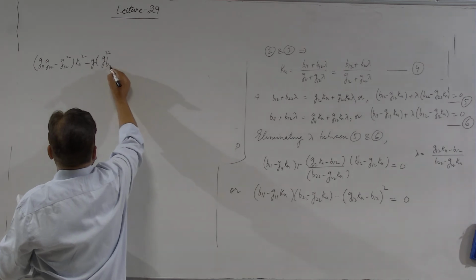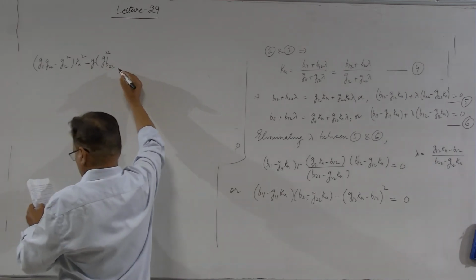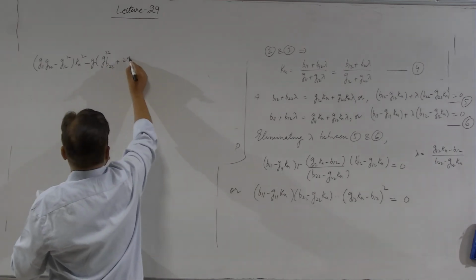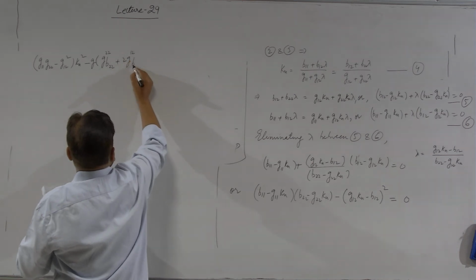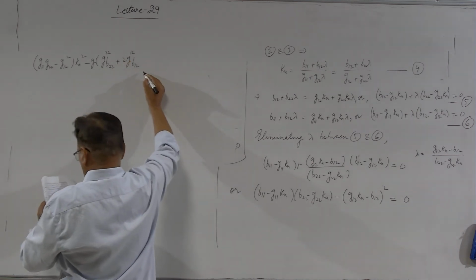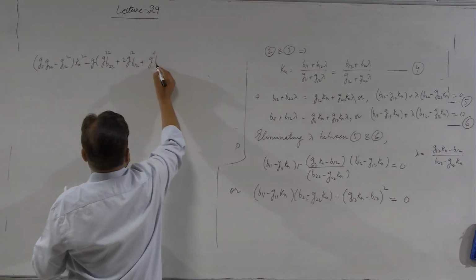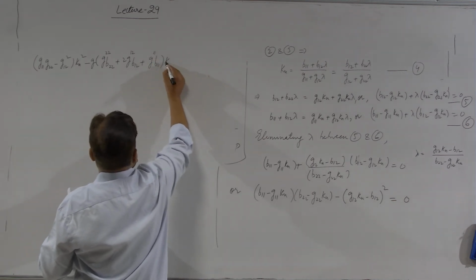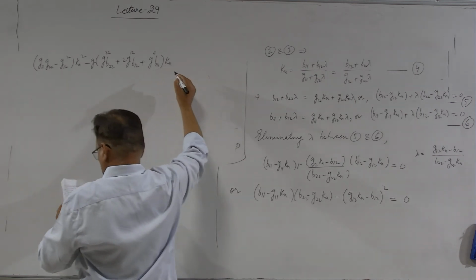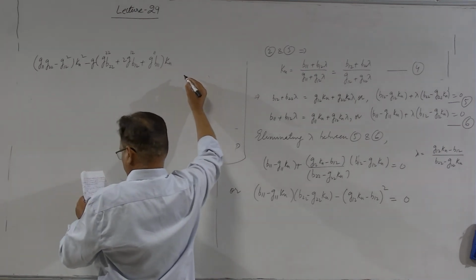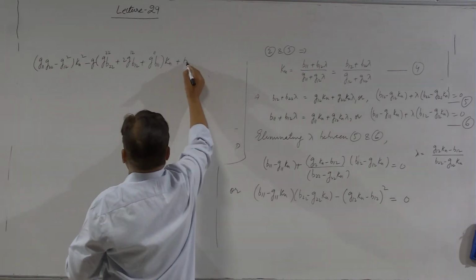I have written directly in fact. That can be done: 2 times G12 into B12 plus G11 into B11 Kn, and then plus B equal to 0.